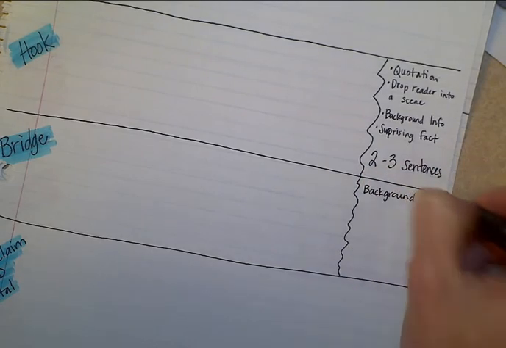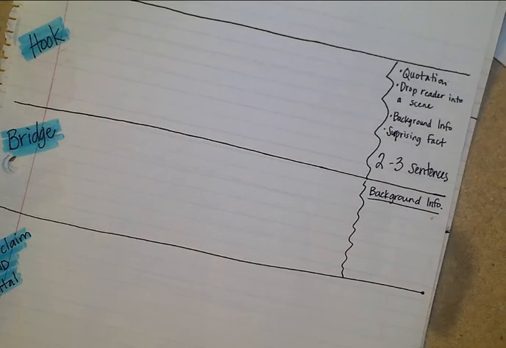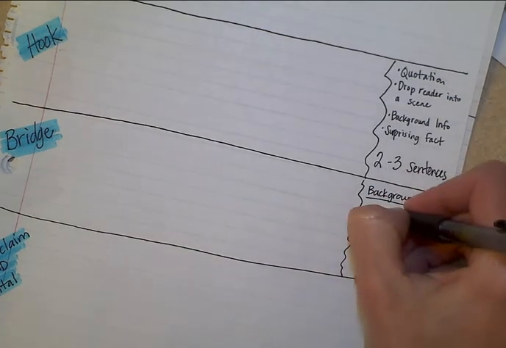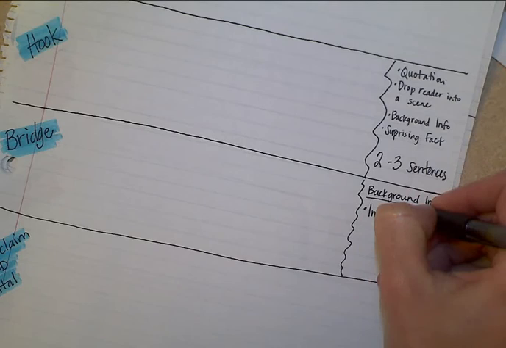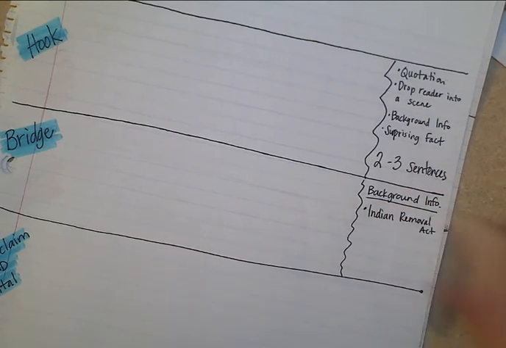You can give background information on the Trail of Tears. And this needs to be anywhere from 1 to 3 sentences in length.